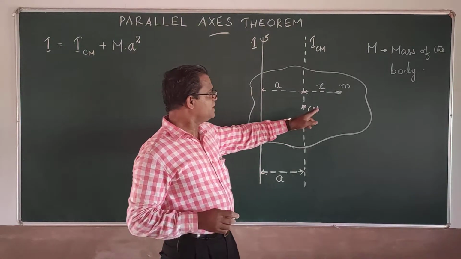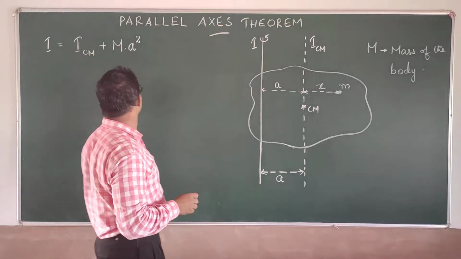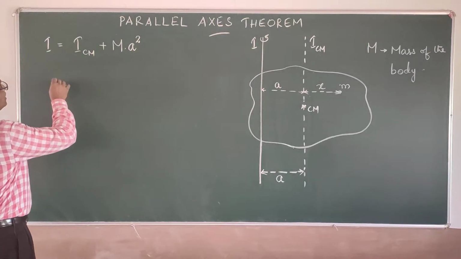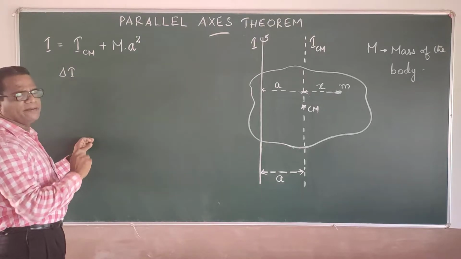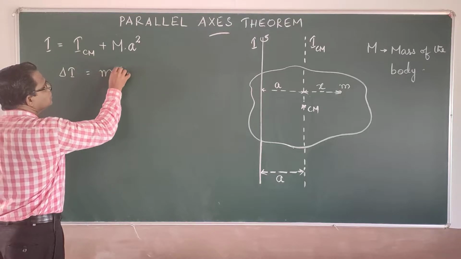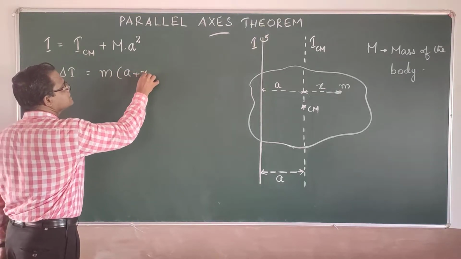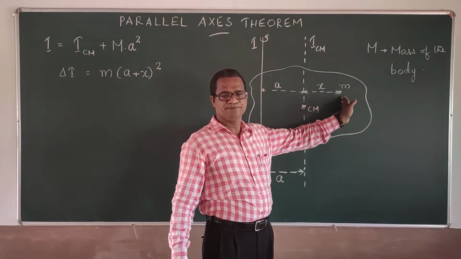So if I define the moment of inertia of this mass about the given axis, I will get the small moment of inertia of that small mass m about the given axis as m into (a plus x) the whole square.